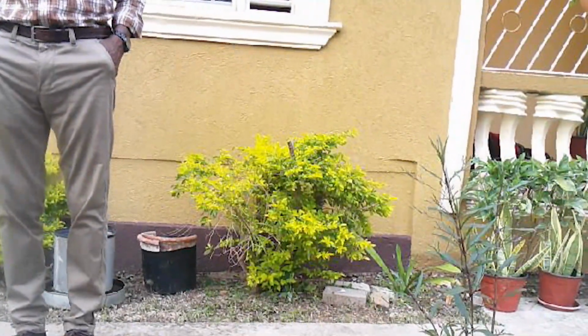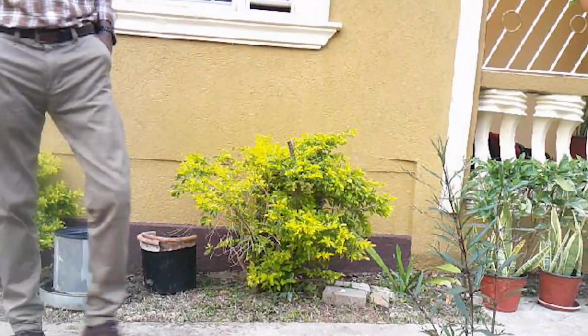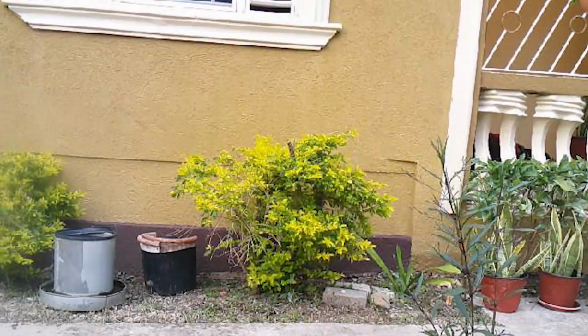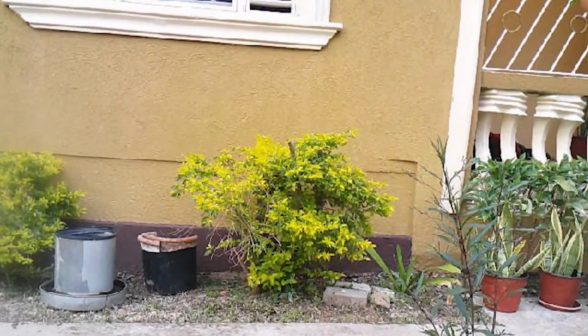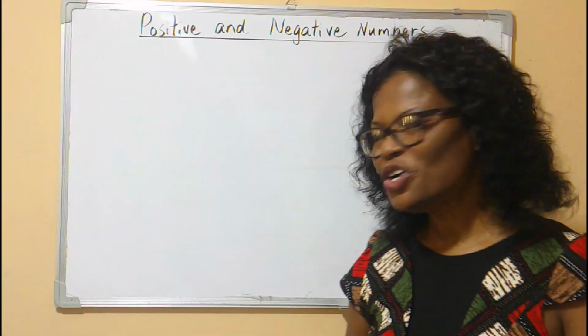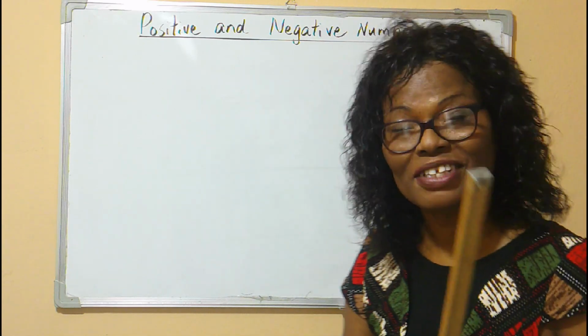Now, positive can mean that we walk to the right. And negative can mean that we walk to the left. So let's talk some more about positive and negative numbers.